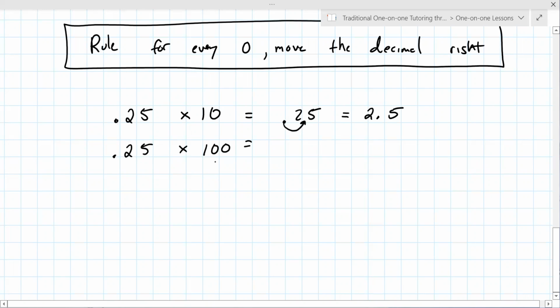There are 2 zeros, so you move that decimal to the right 2 times. For 0.25 times 1,000, you move the decimal to the right 3 times. So you go 1, 2, 3.